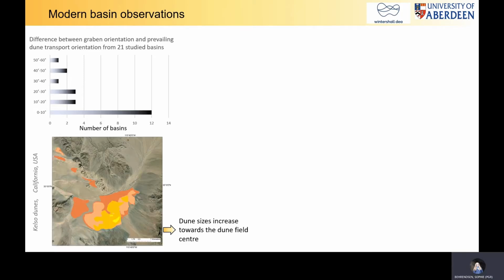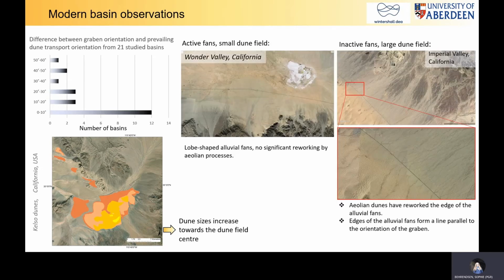And then next, what I mentioned already is that dune size increases towards the dune field center. And then what also heavily controls the distribution of aeolian deposits seems to be the alluvial drainage and the sand supply to the basin. So in the middle, you can see an example for a basin with little aeolian coverage, and you can see the lobe shape of the alluvial fan still preserved.